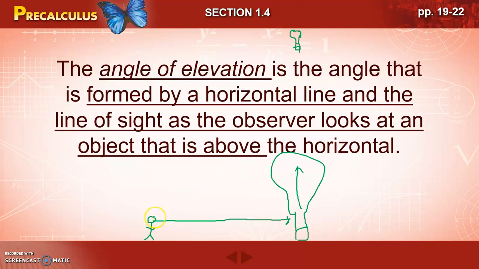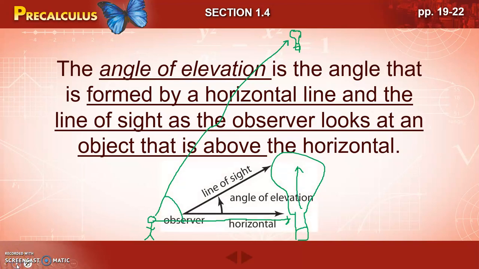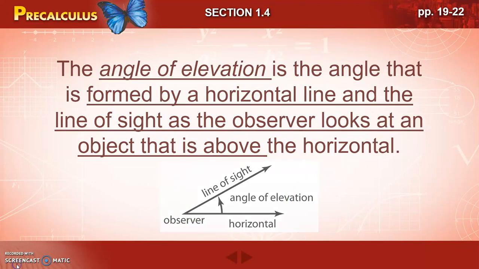And now you have to tilt your head back pretty far to be able to see up to that hot air balloon as it has risen into the air. This is now your angle of elevation. Basically, how far back did you have to tilt your head to see this object? So you have your angle of elevation, horizontal line, and line of sight.